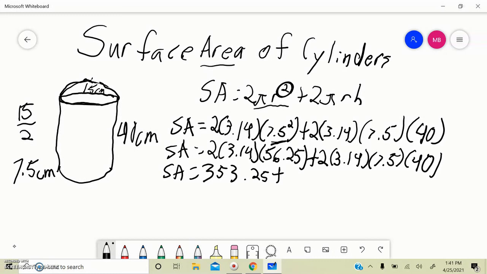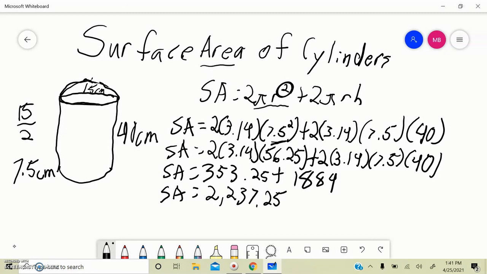That's going to be 2 times 3.14 times 7.5 times 40, which is going to give me 1,884. So now I'm going to do my last step, which is to add those together, which gives me a total surface area of 2,237.25.